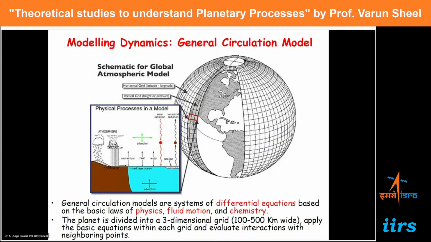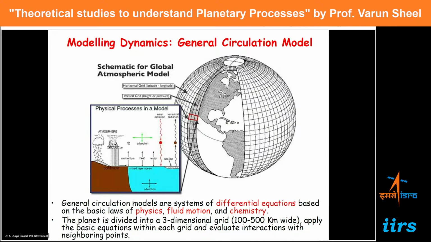So if you use latitude, longitude, and altitude, that becomes a 3-dimensional model. We need to solve the equations we were discussing for each of these grids, and combinedly apply these to the subsequent grid. Then what are the processes that are involved?